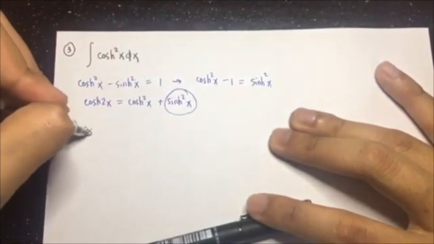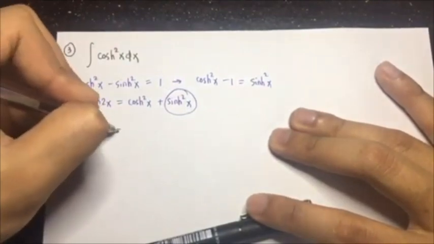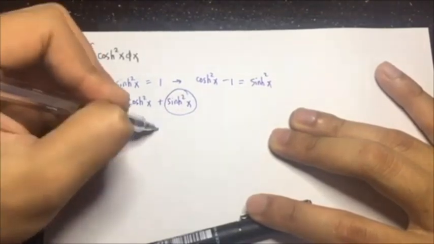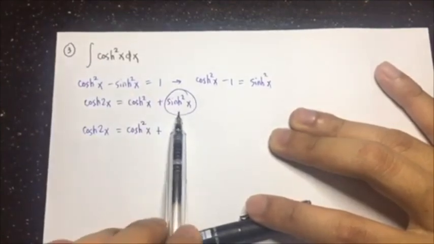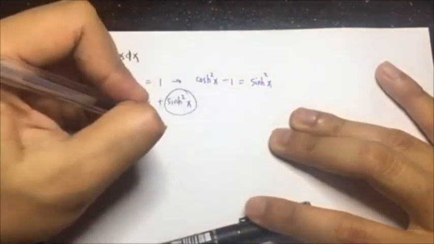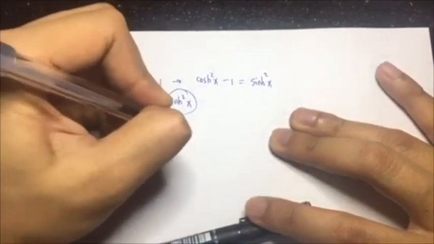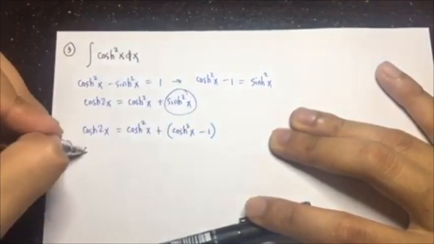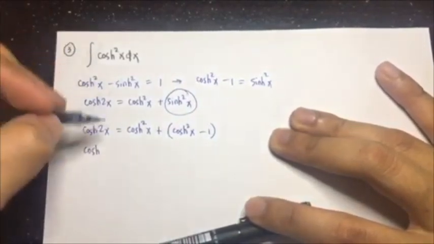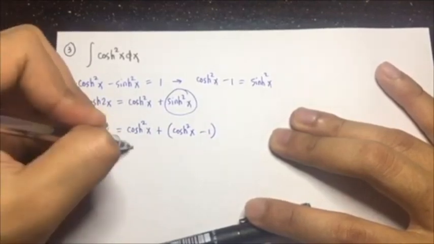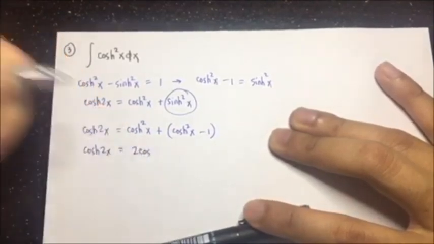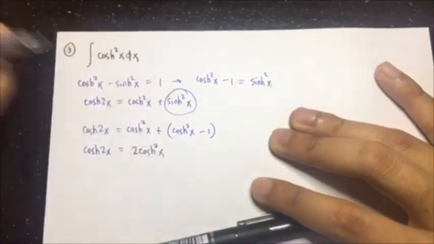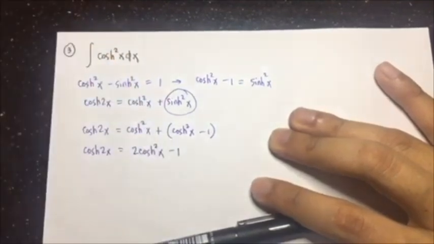So we will have hyperbolic cosine of 2x is equal to hyperbolic cosine squared of x plus, replacing hyperbolic sine squared of x, hyperbolic cosine squared of x minus 1. Simplifying that, we will have hyperbolic cosine of 2x is equal to 2 hyperbolic cosine squared of x minus 1.